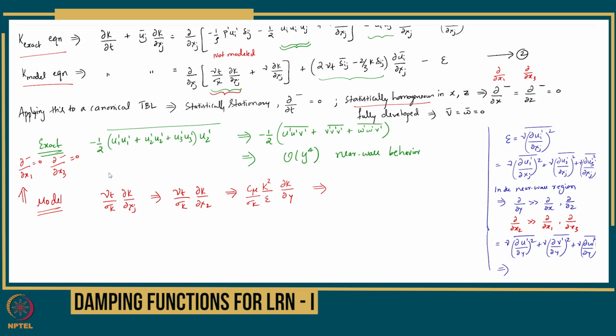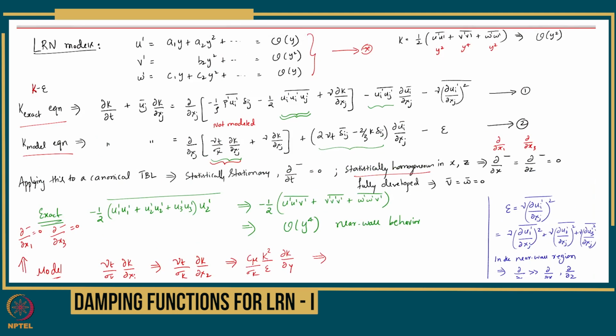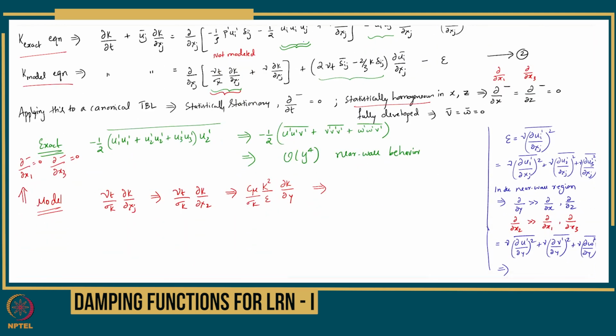Dou u prime by dou y, if I go back here, u prime has y dependency, so dou u prime by dou y will give me no y dependency, y raised to 0. Dou w prime by dou y likewise gives y0.